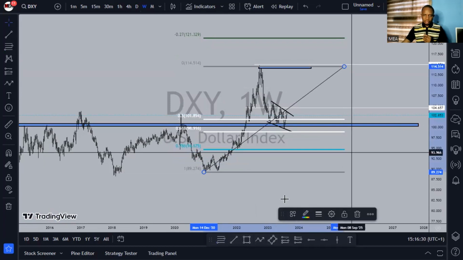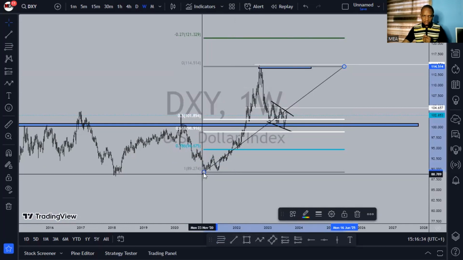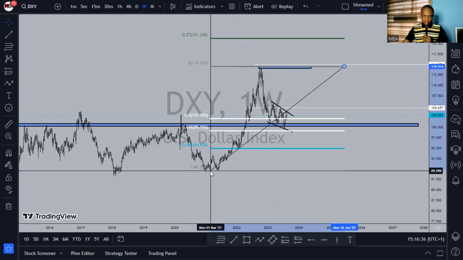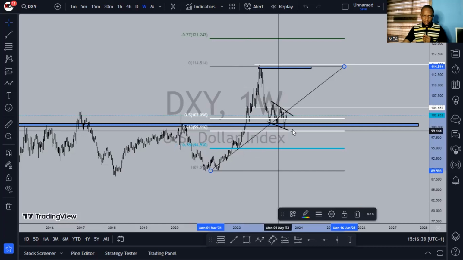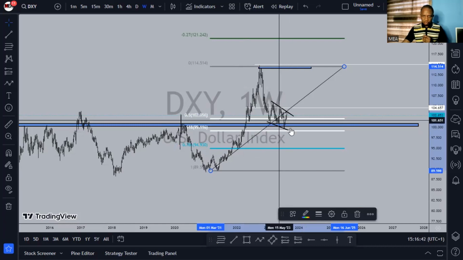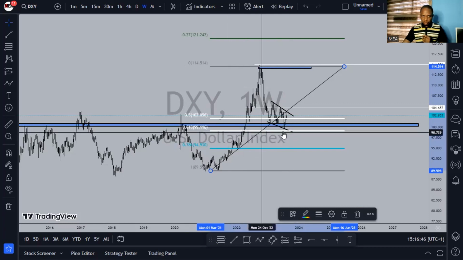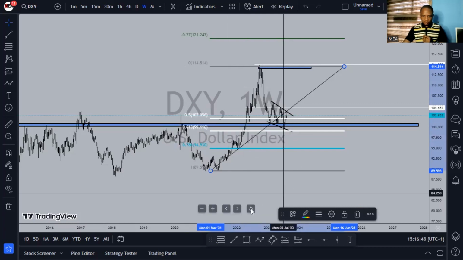We see that the market has not actually touched 0.5, which is our killer zone, or 0.6. Our killer zone has not really been touched.